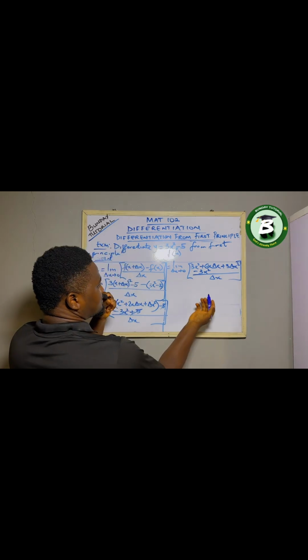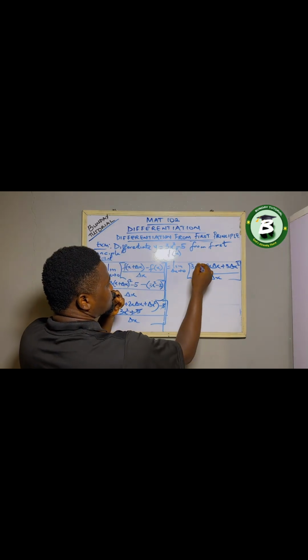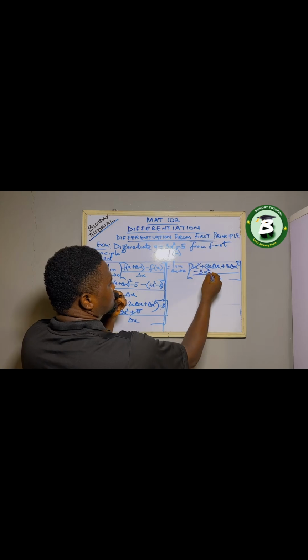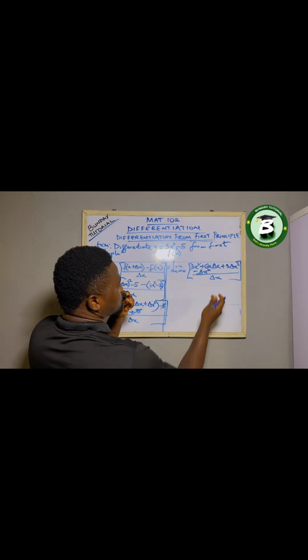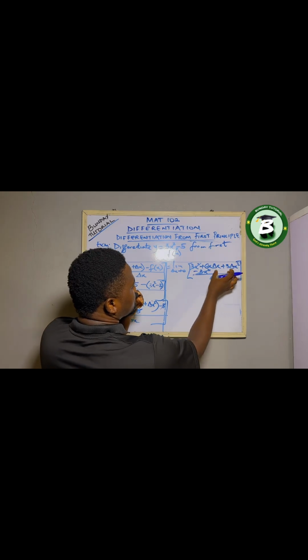Can you see? It's getting simpler, right? So that means 3x squared minus 3x squared is 0. So we have only this one over this. That means you are dividing each by delta x.